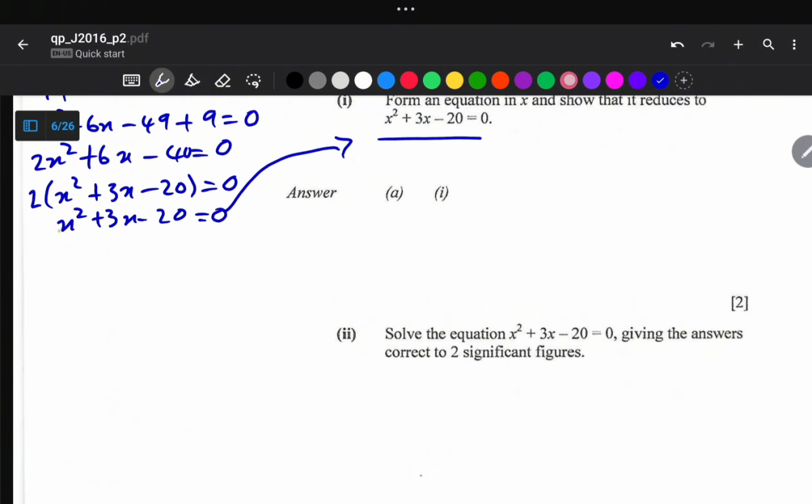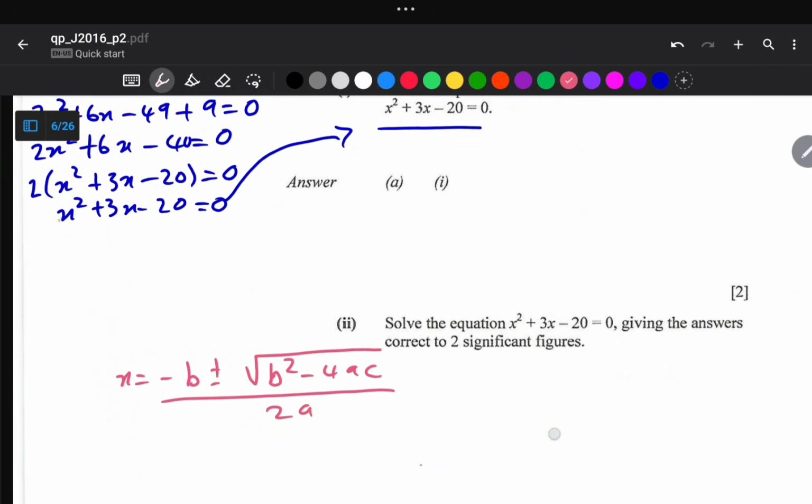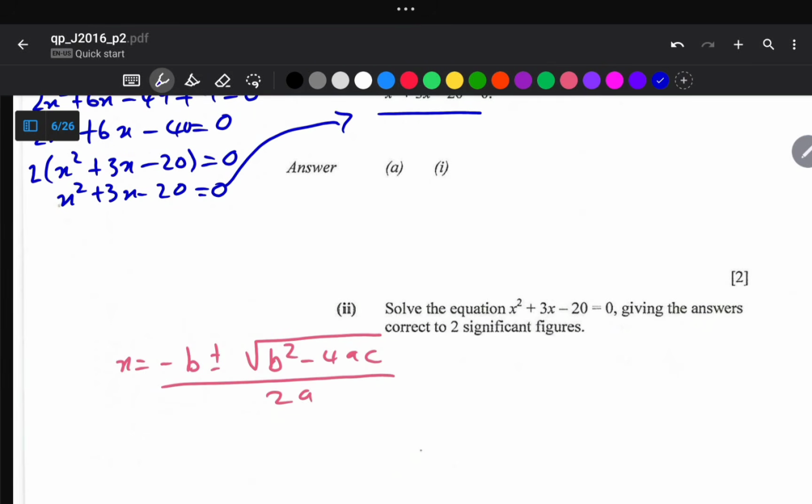So we cannot factorize x squared plus 3x minus 20. So we are going to use our quadratic formula, which says x is equal to minus b plus or minus square root of b squared minus 4ac over 2a. Our a here is 1, our b is equal to plus 3, and our c is equal to negative 20.